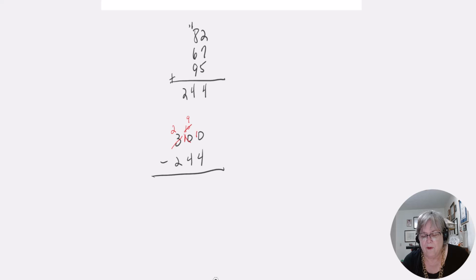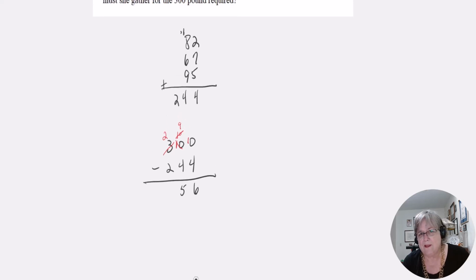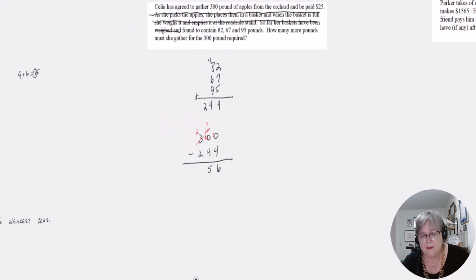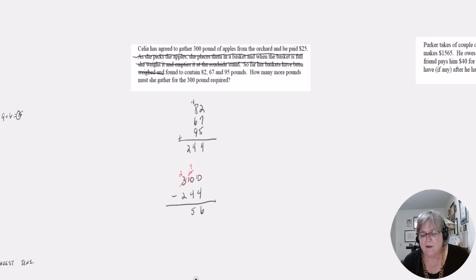All right, so 4 from 10 is 6, 4 from 9 is 5, and 2 minus 2 is 0. So she still has to get 56 pounds of apples to get her 300 pounds so she can get $25. So that $25 really didn't enter in anything. It's just kind of part of the story.